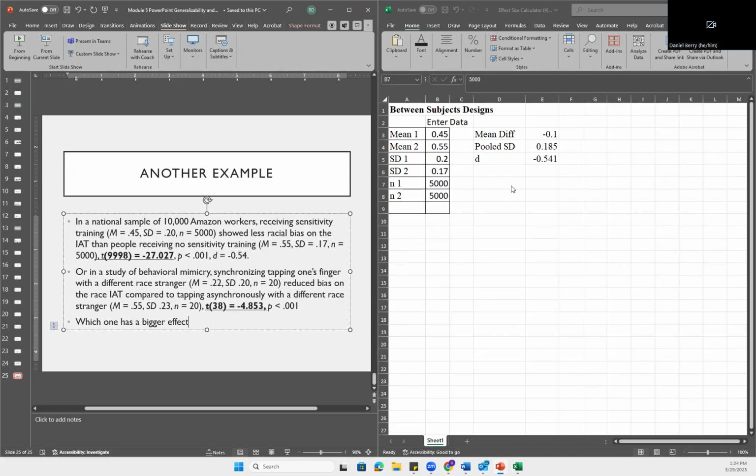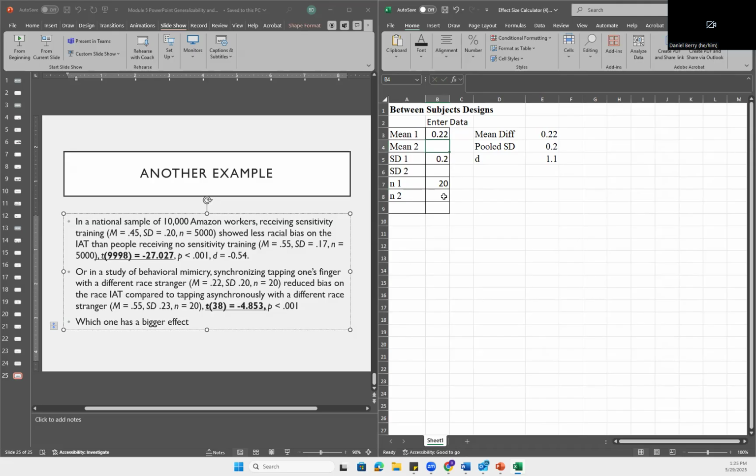Let's compare it to another study in which they did something called behavioral mimicry. This is where you mimic a person who is doing a task, and it's said to actually reduce biases toward folks. So here we've got a mean of 0.22, standard deviation of 0.20, and there are 20 participants in that group.